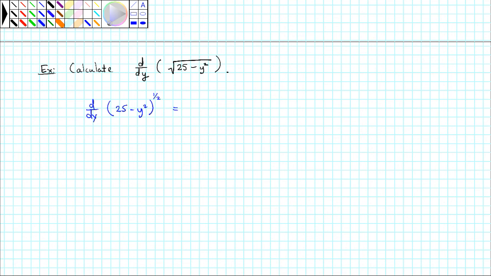So, using the power rule, this is going to be 1/2 times stuff to the negative 1/2 times the derivative of that stuff, where that stuff is 25 minus y squared.